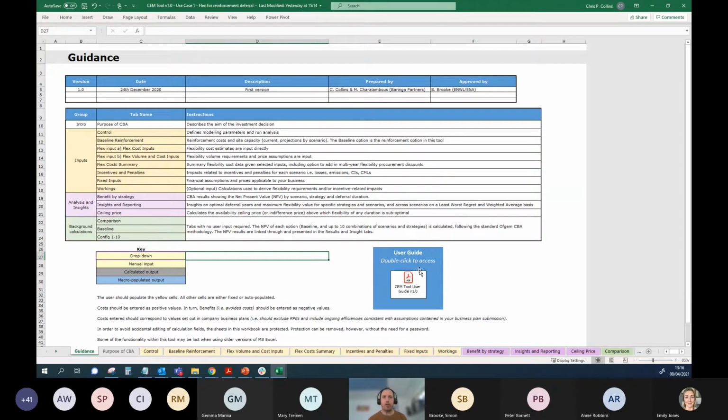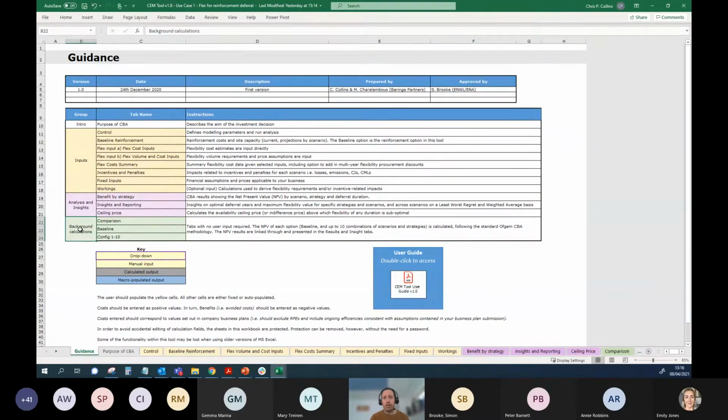So to start with, you have just a guidance tab, which is a menu for what's going to happen in the subsequent sections. So I will talk us through what the structure of the model is using this tab. So we have inputs and we have outputs. Simple enough. And then we have some background calculations. You only really need to worry about the inputs and the outputs, but just so you're aware, the background calculations, as Simon alluded to, are primarily based on Ofgem's approved template that was devised for ED1.